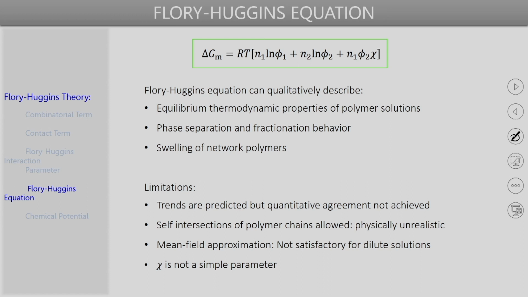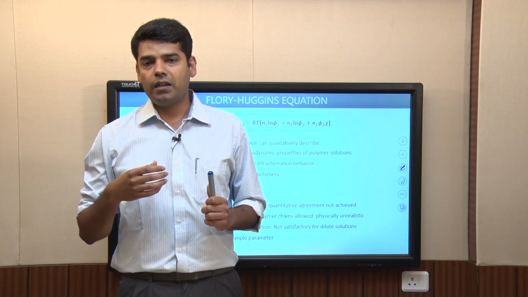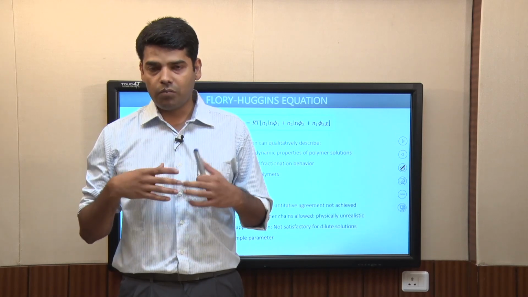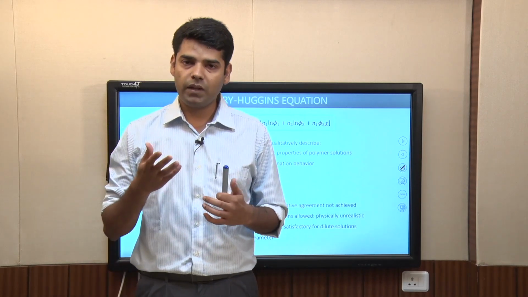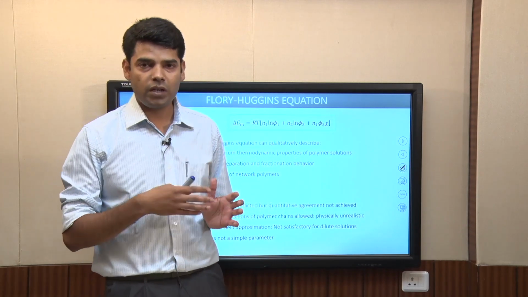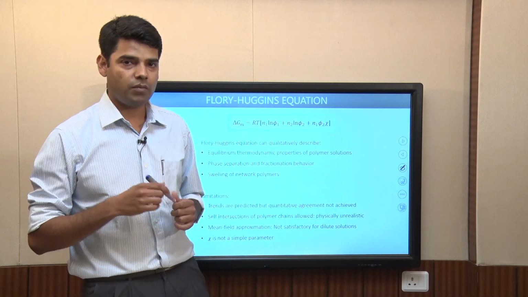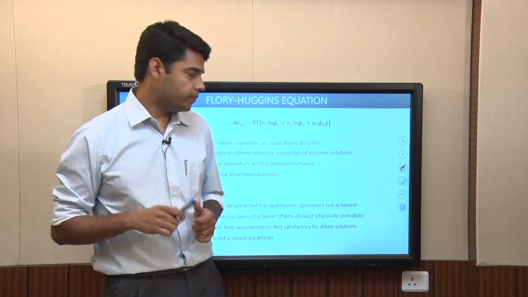So, it is a relatively simple but quite good theory, and even the more sophisticated theories that have been developed later on, many of them use Flory-Huggins theory as a starting point and then further refine it to get better predictions and agreement with data.